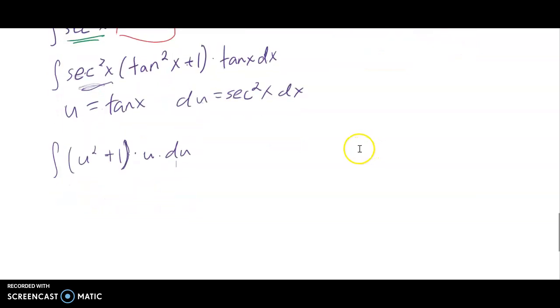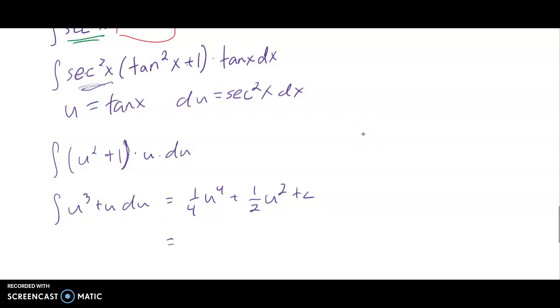From there, I can distribute. I get the integral of u cubed plus u du. That's easy to integrate with power rule. That's 1/4 u to the 4th plus 1/2 u squared plus a c. And then my last step is just to sub my tans back in. So what do we get?